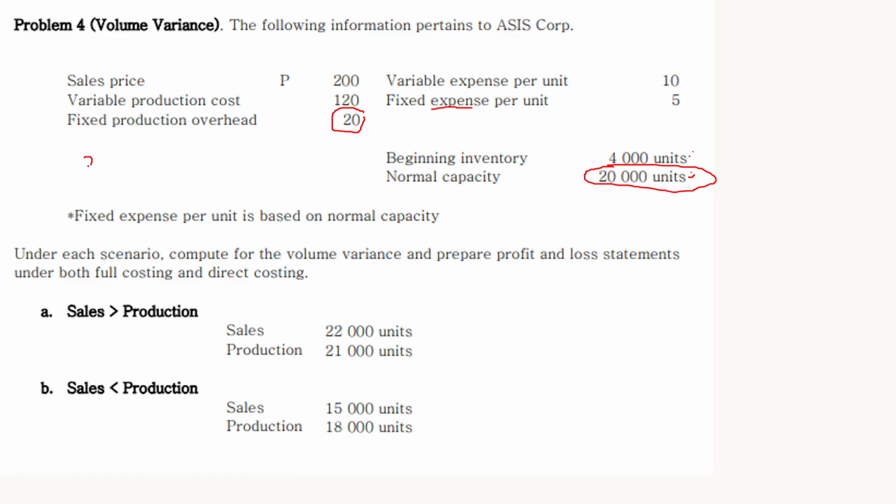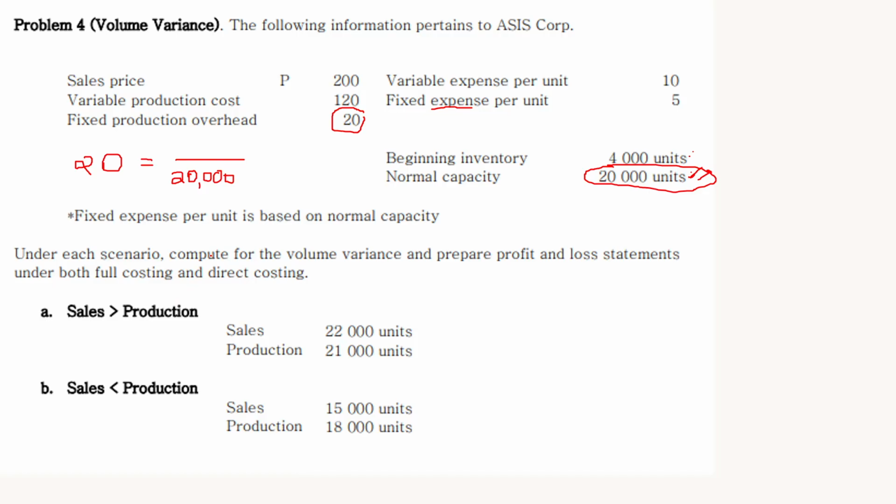So, ang FOH per unit natin ay 20. Saan natin dinivide yung total FOH para makuha yung 20? The answer is 20,000, which is your normal capacity. Dyan naka-base yung pag-calculate ng FOH rate.